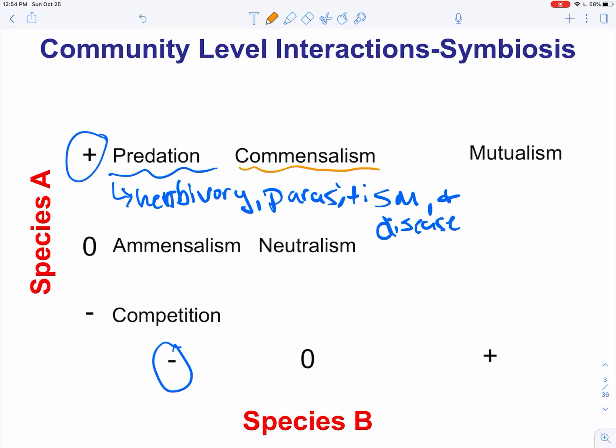We also have here commensalism. With commensalism, species A gains a benefit from the interaction, whereas species B gains no benefit or negative consequence of its interaction with species A.